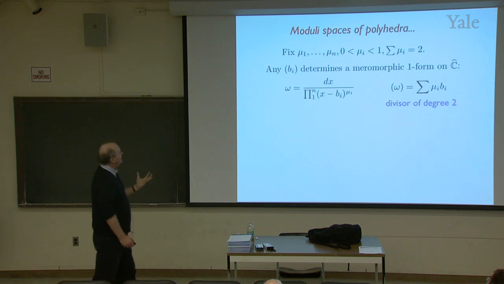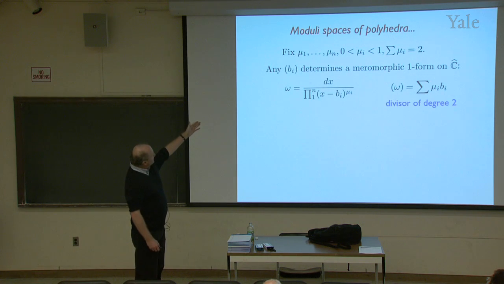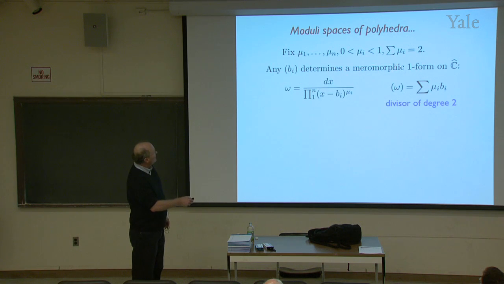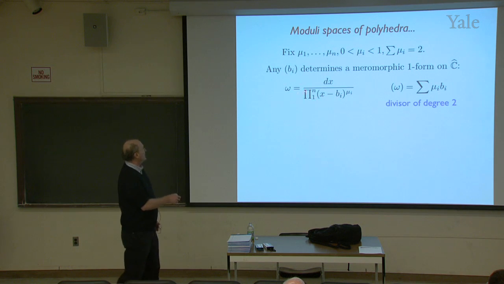And then what I want to point out is the following. If you have these weights plus actual locations for n points on the sphere, well, then you have a naturally determined meromorphic 1-form on the sphere. Namely, you put a pole of weight mu i at the ith point, and then you just take the product.